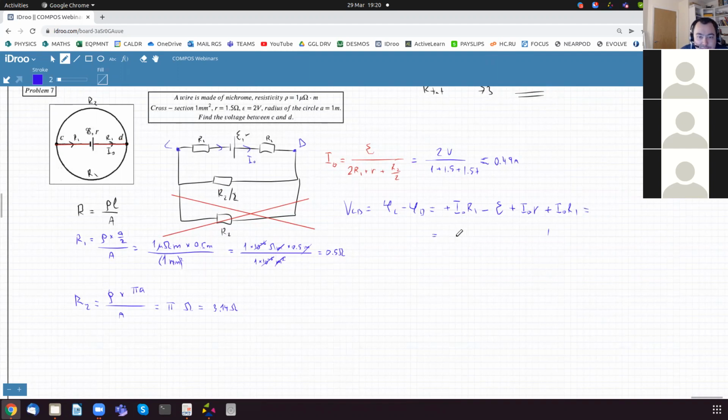So I0, which is 0.49, times R1. R1 is 0.5. Oh, so there's 2 of those, so we can just write 2.